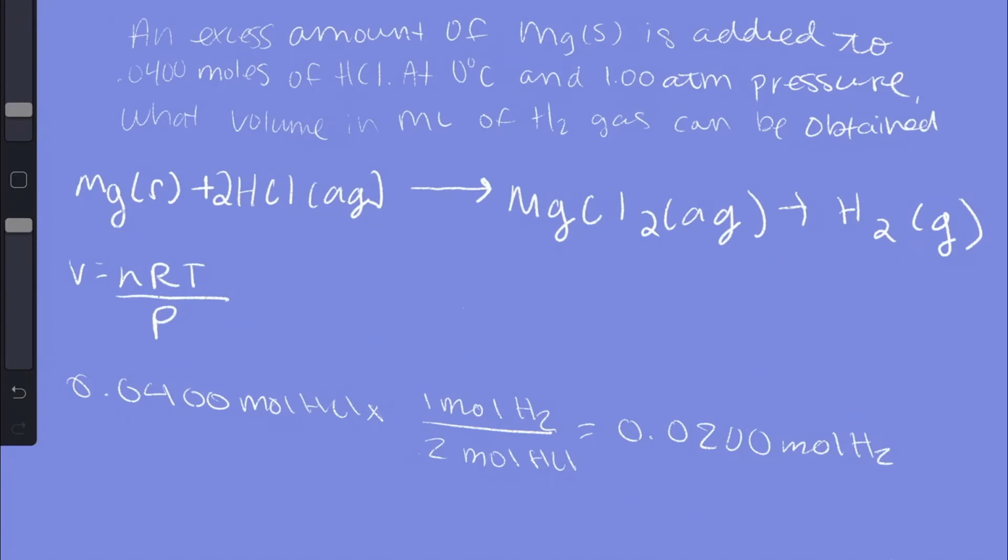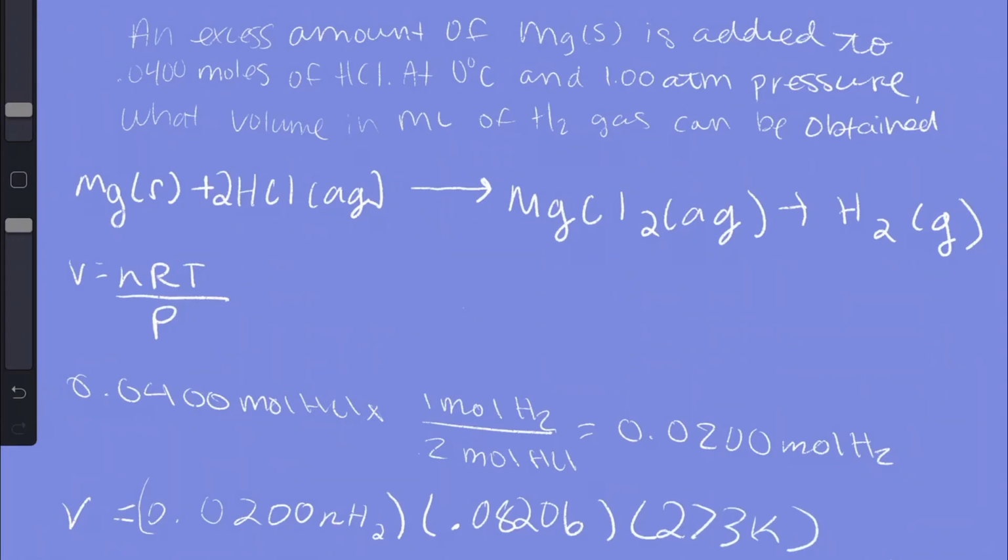And now we can plug that into the equation solving for volume. So we have volume equals our moles, which is 0.0200 moles of H2, multiplied by our constant, 0.08206, and multiplied by our temperature, and because it's STP, it's just 273 Kelvin, and then divided by pressure, which is 1 atm.